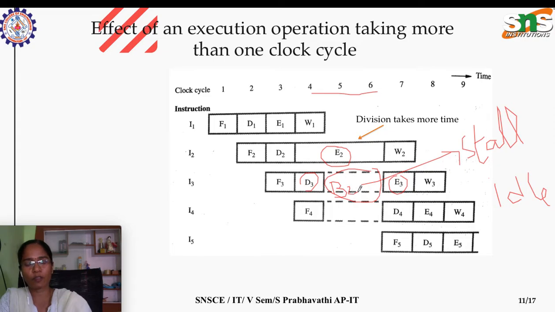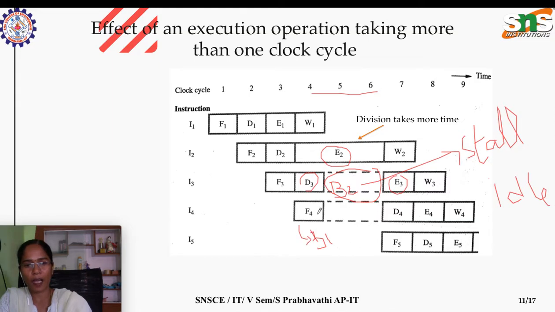And B1 buffer is free. So I4 will fetch its instruction, and after the fetching is over, B1 will hold its information. I4's fetched instruction is in B1.